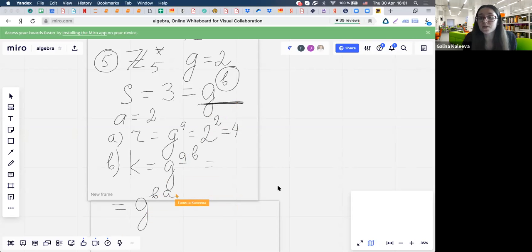This is the same because our operation is commutative. Multiplication of remainders is commutative. And we know that G to the power B is known. It equals S to the power A. So this is S to the power A, which is 3 to the power 2. 3 squared equals 9. It's 4 modulo 5. Right?